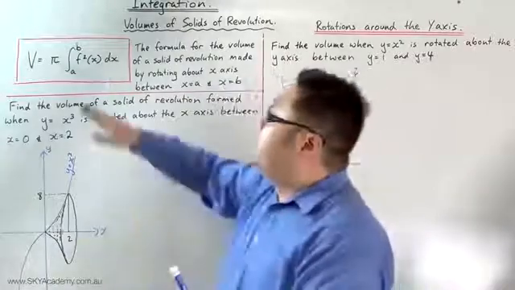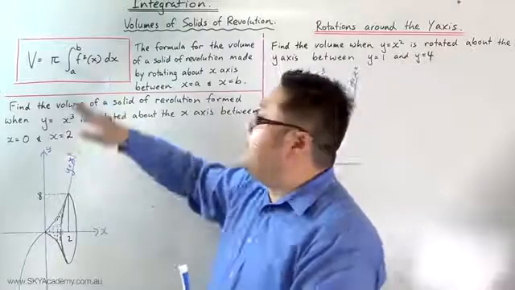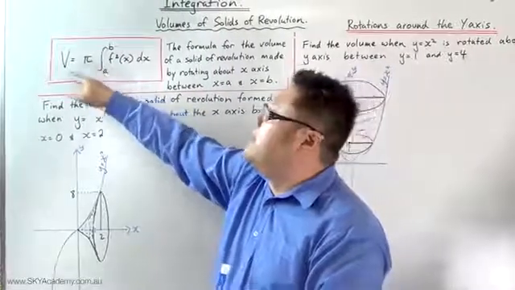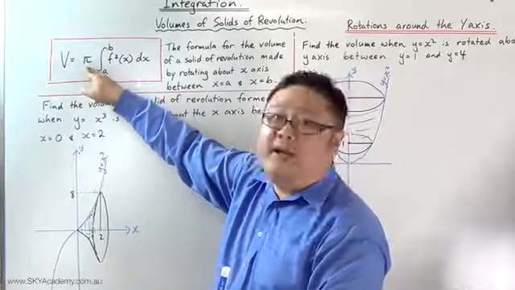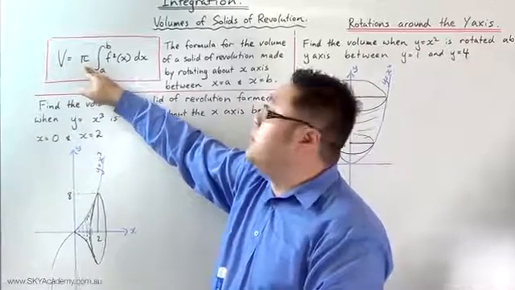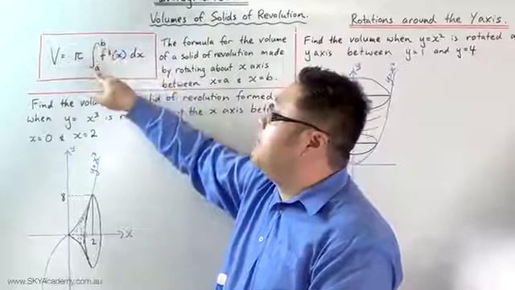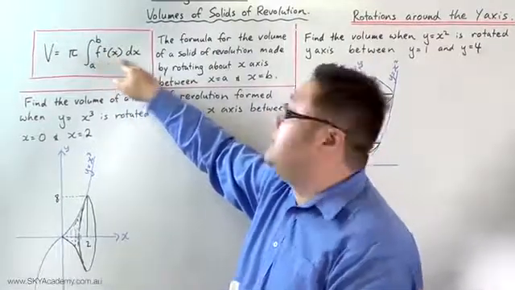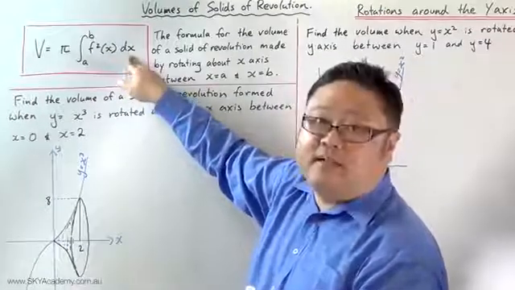Now, the formula we came up with, this is basically the formula in a nutshell. The volume is equal to pi times the integral from a to b of the square of the function dx.